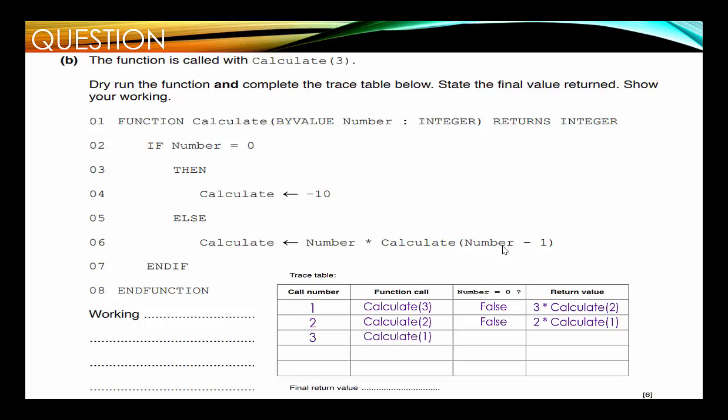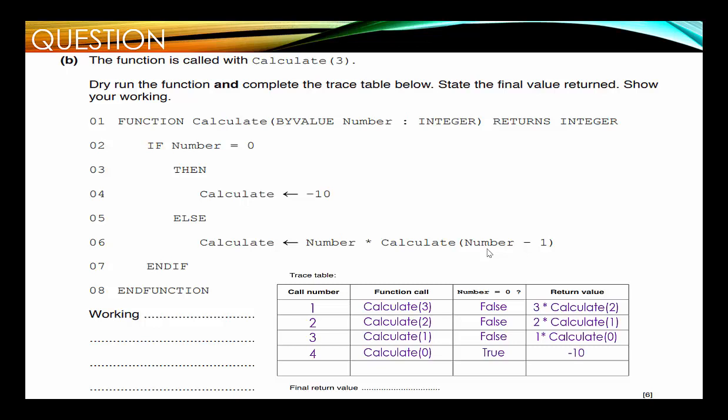Does 1 equal 0? That's false. What does calculate(1) return? It returns 1 times calculate(1 minus 1), which is 1 times calculate(0). Now my fourth and final call is calculate(0). Does number equal 0? Yes. I've reached what is called my base case, and that comes out to negative 10.